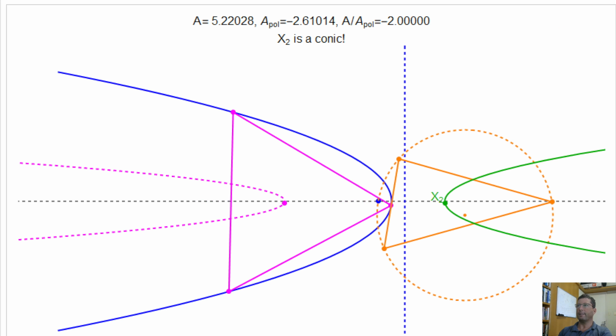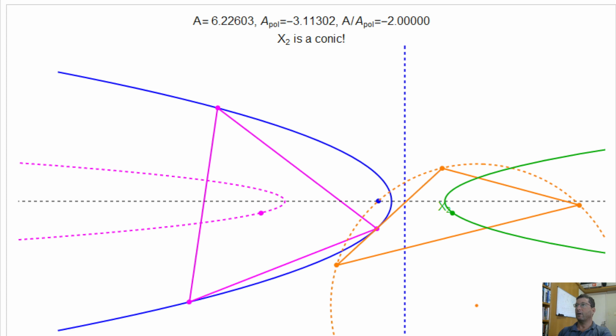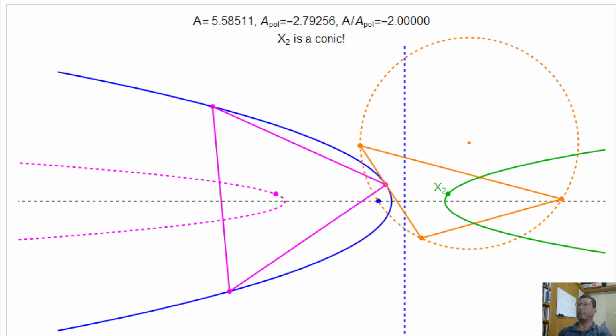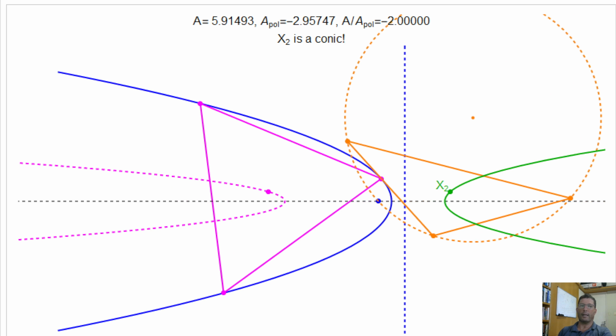And what you're seeing here is, first of all, the fact that the area of the polar triangle is, modulo direction, twice the area of the equilateral. You can see that I'm showing the areas dynamically up on top, and that ratio doesn't vary. So that's pretty nice.